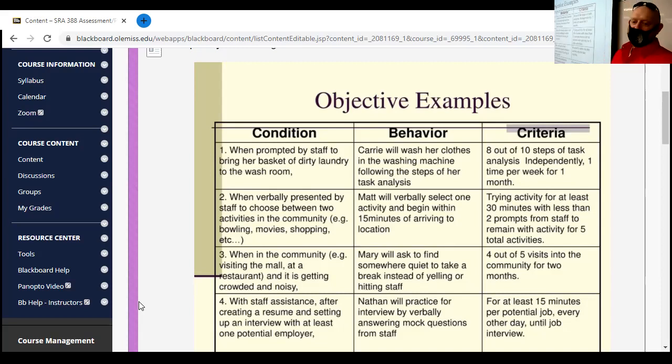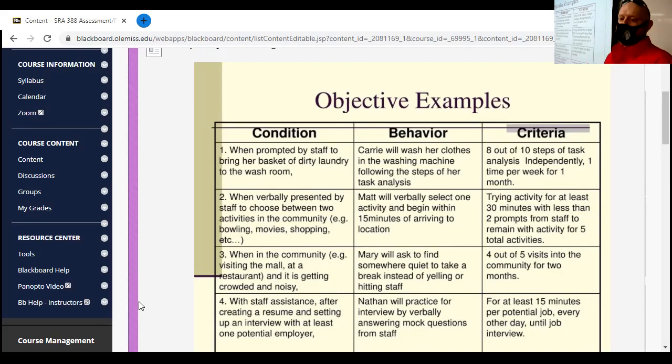What behavior? We're looking to improve and make appropriate behavior here. So she's going to find somewhere quiet. She's going to ask for a quiet place to take a break instead of yelling or hitting staff or others. Okay, that's the behavior.